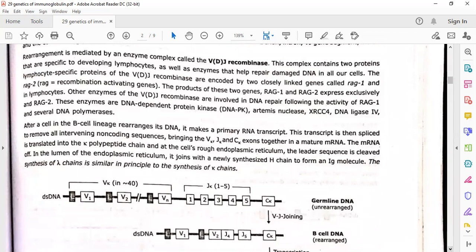So what is the process of the V region and the J region? What is the need of this VJ recombination? The need is that for millions of antigens, we need millions of antibodies.